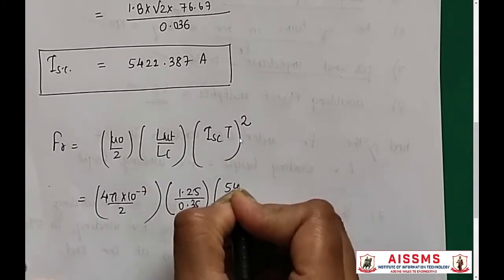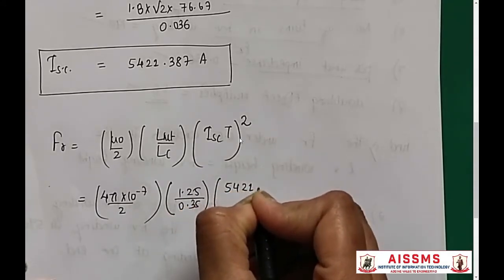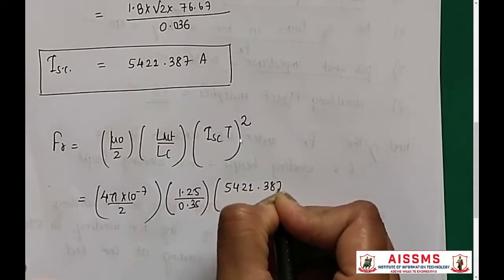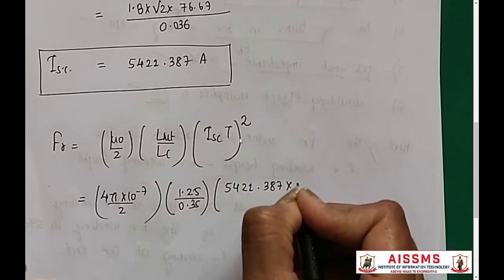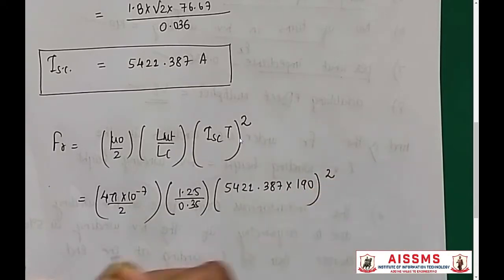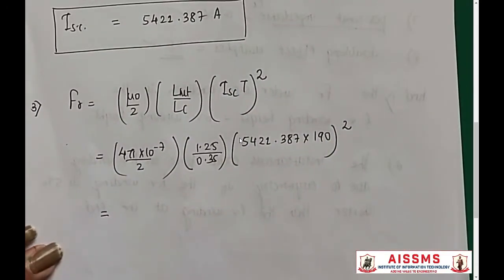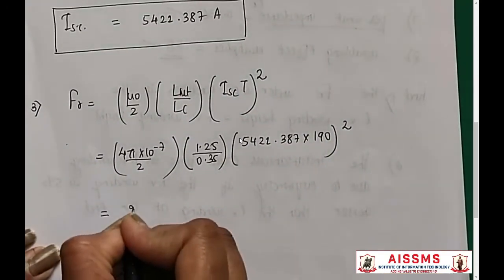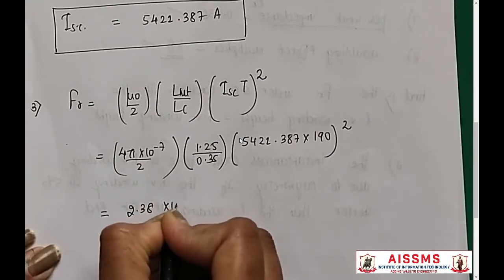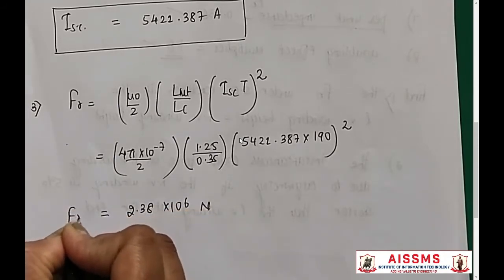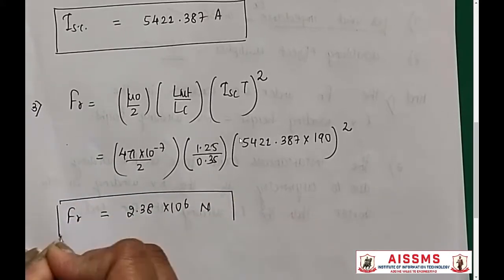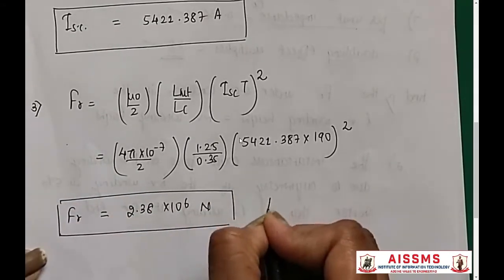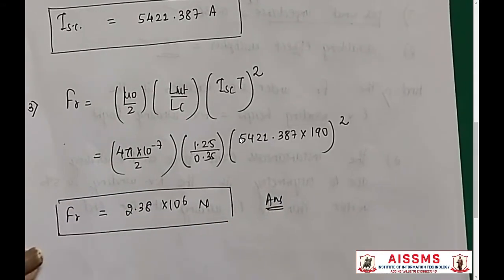Short circuit current is 5421.387 multiplied by the number of turns, 190, and we have to square it. Just put the values in the calculator and the answer comes out to be 2.38 into 10 raised to power 6 newtons. So this is one of the answers.